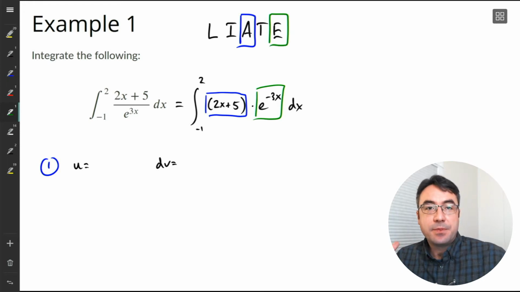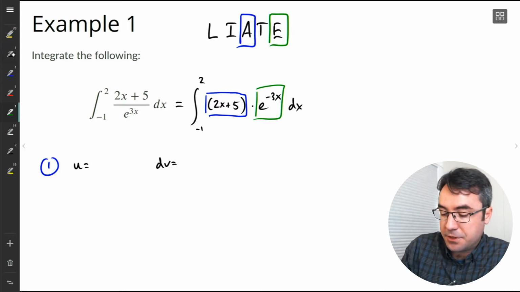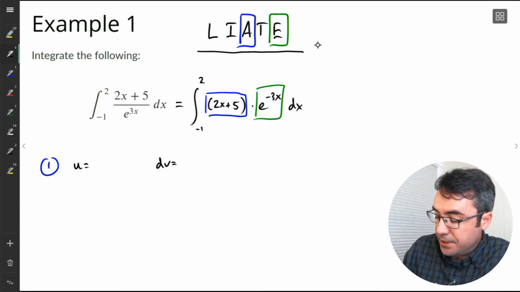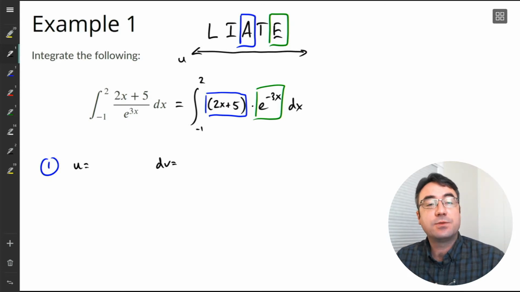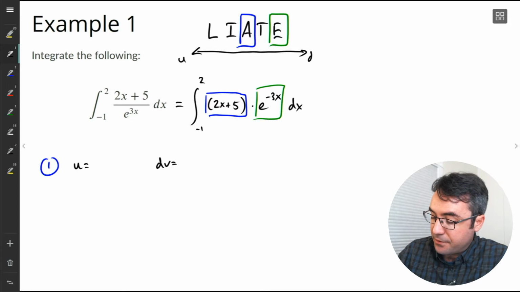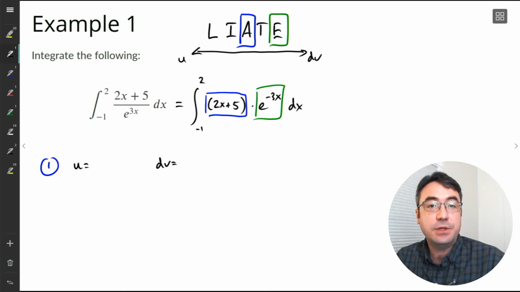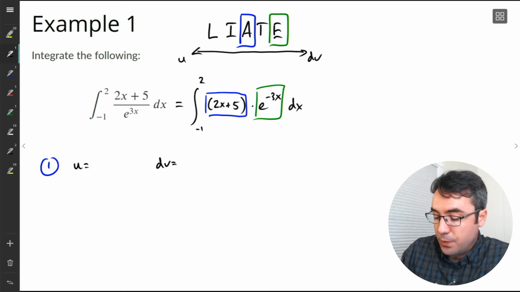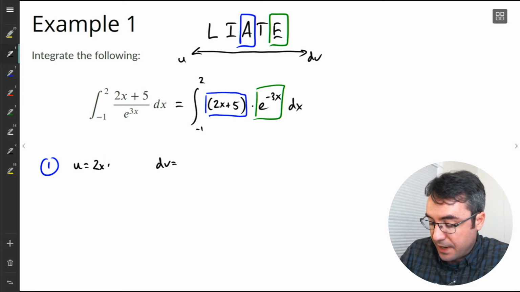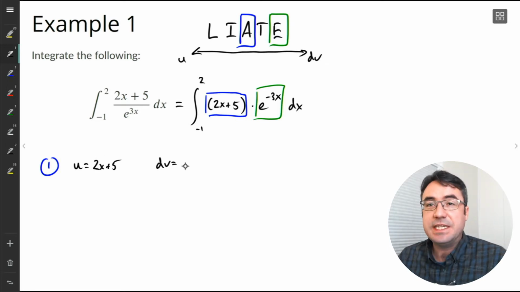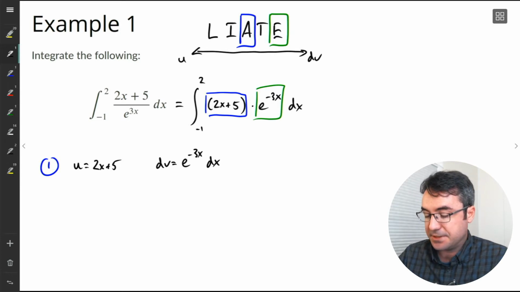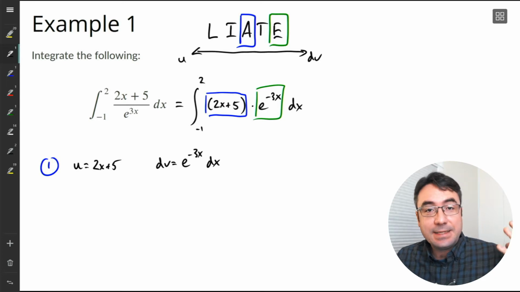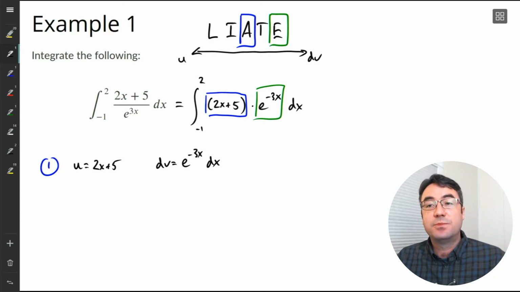The part of our function further to the left is what we pick for u, and the part further to the right is what we pick for dv. So we let u equal 2x + 5, and we let dv equal e to the negative 3x dx. We've picked u, we've picked dv.